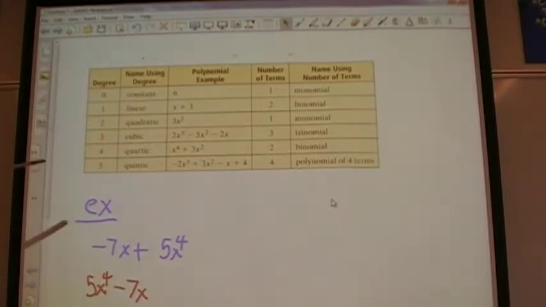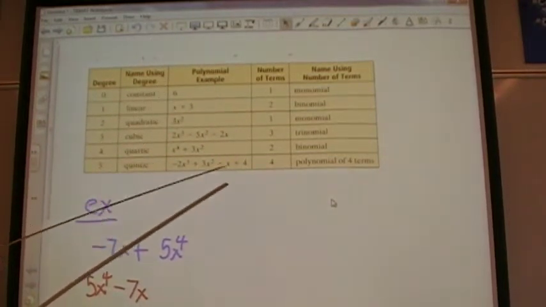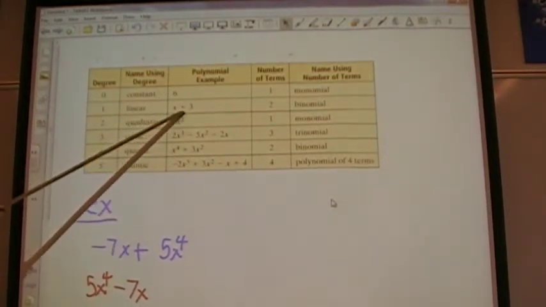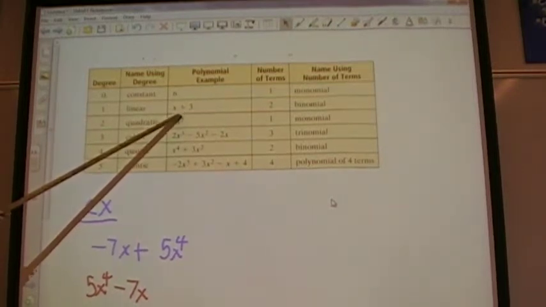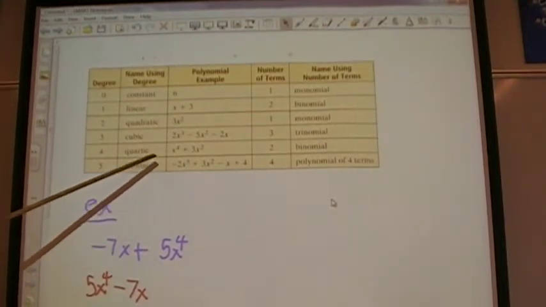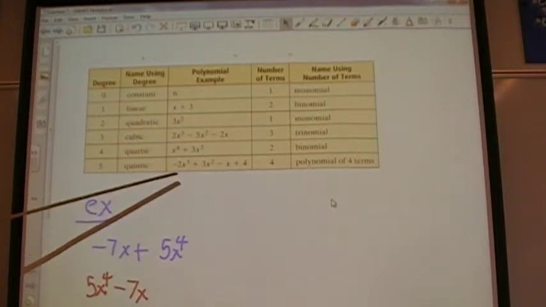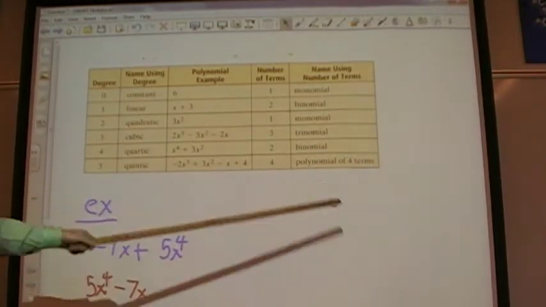Okay, right here, to classify this, you would just say it's a constant monomial, because there's only one term. This is a linear binomial, because there are two terms. Quadratic monomial, one term. Cubic trinomial, quartic binomial, quintic polynomial, 4 terms.